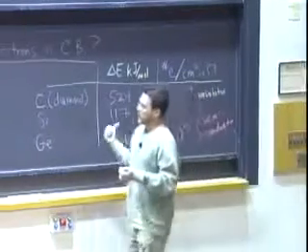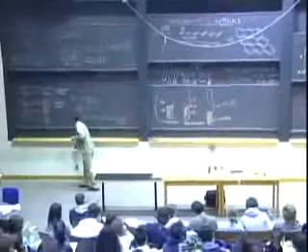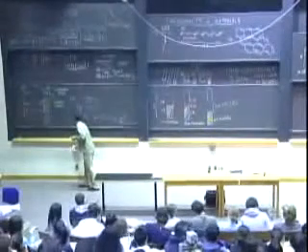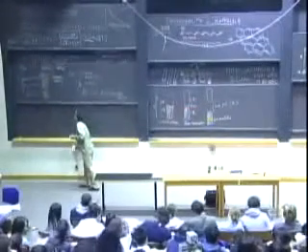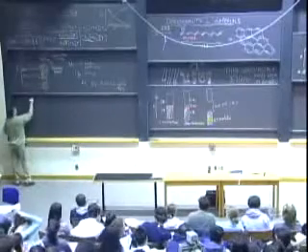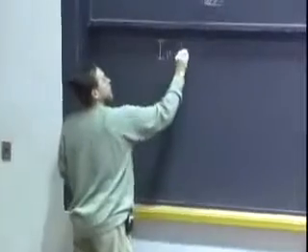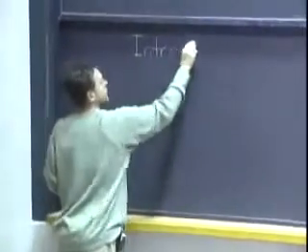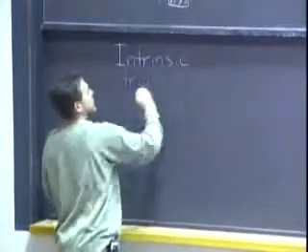Okay. And having said that, we need to talk about the different types of materials that we can have. I want you to understand the difference between intrinsic and extrinsic semiconductors.